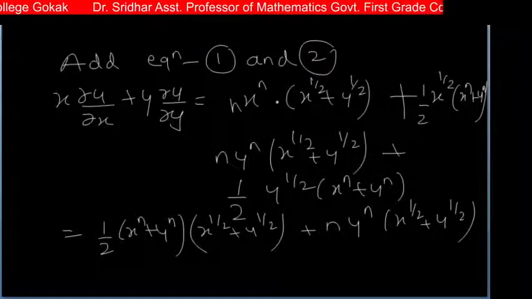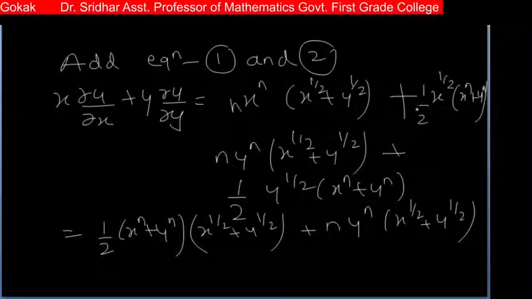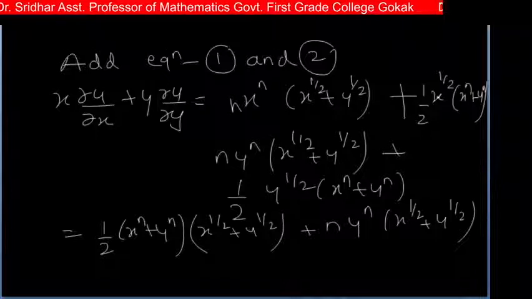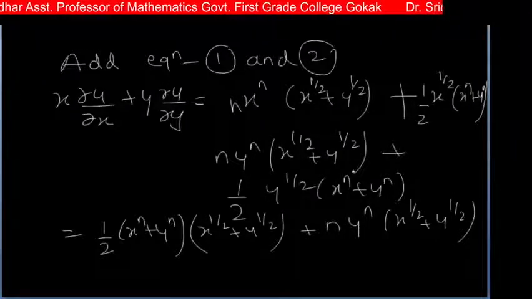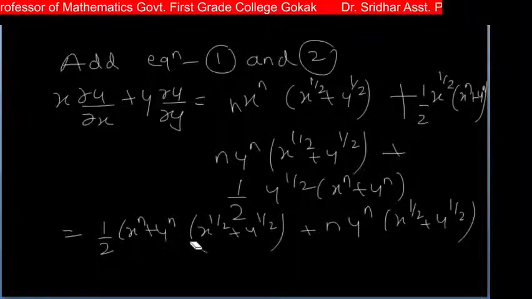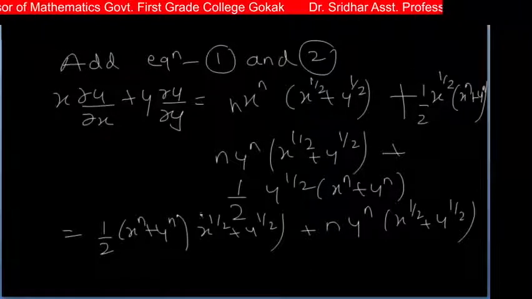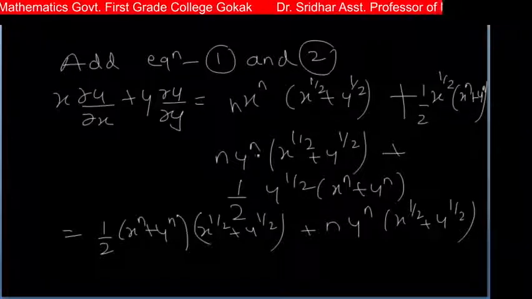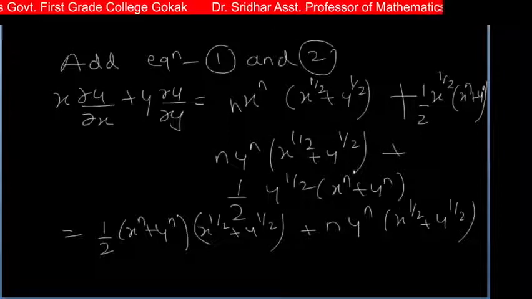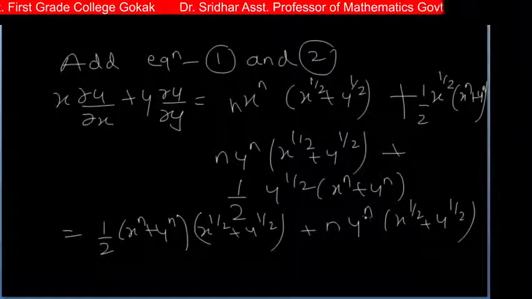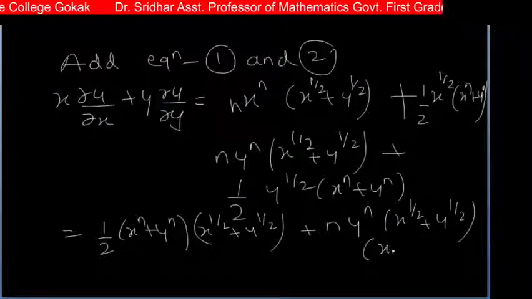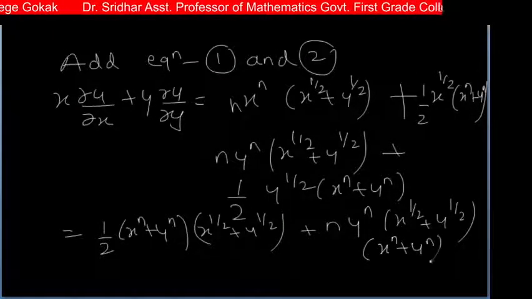Now in these two terms, from the second and the last term, I take 1 by 2 x raised to n plus y raised to n as common, and I will get this term. Then from these two terms I take n into x raised to 1 by 2 plus y raised to 1 by 2 common, and I will get one more term here into bracket x raised to n plus y raised to n.